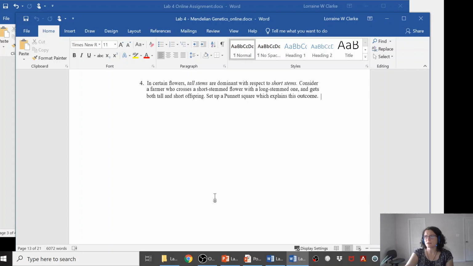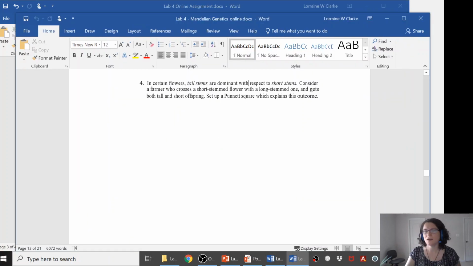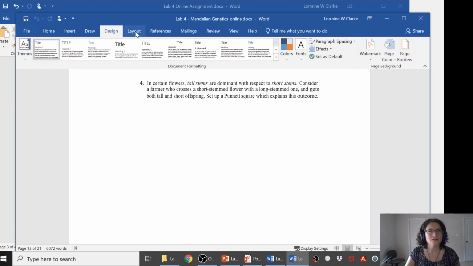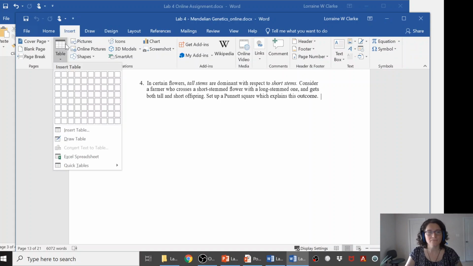A flower is either tall or short. So tall and short sometimes are multifaceted, but if I ask you to set up a Punnett square, you want to set up a Punnett square, then you can go to draw, insert, table, okay?